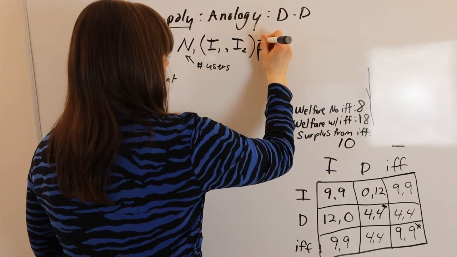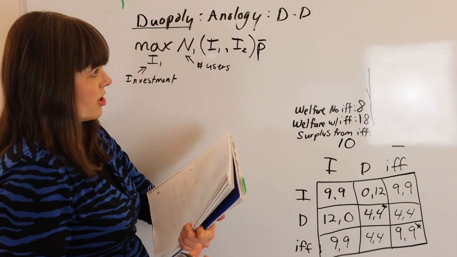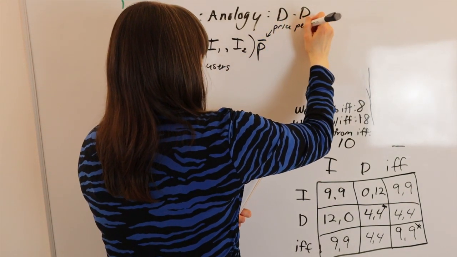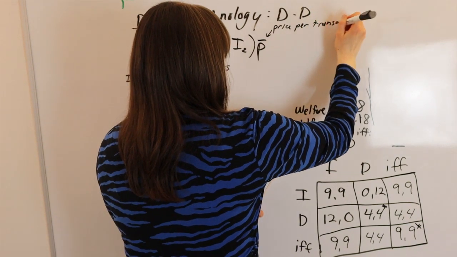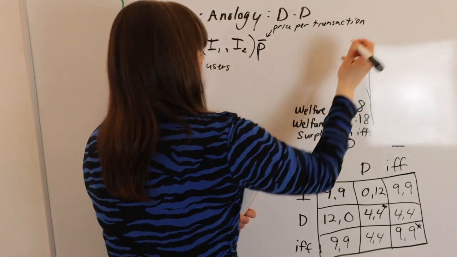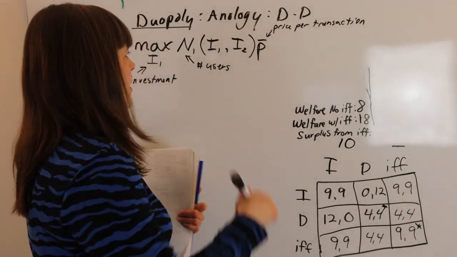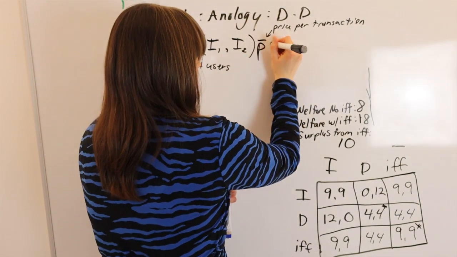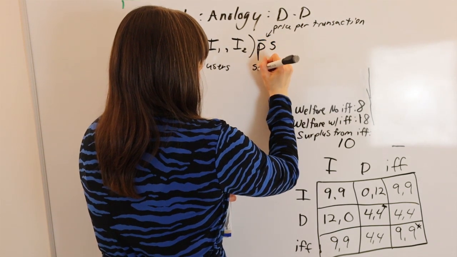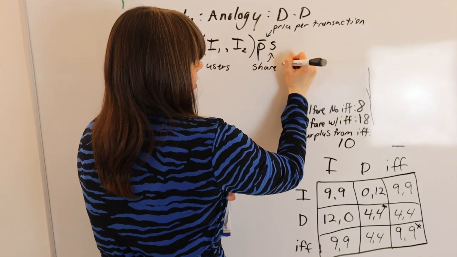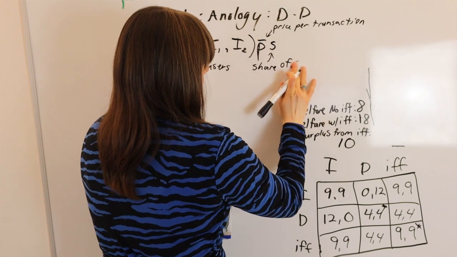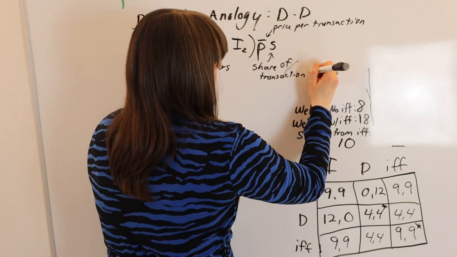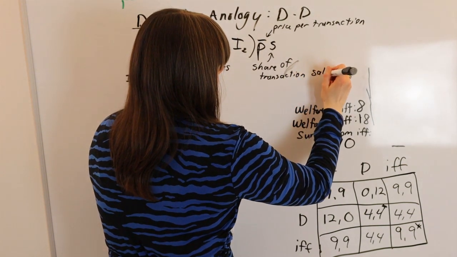And there's a price that they charge per transaction. So this model is going to be a classic platform model where we have number of users, price per transaction, and percent of transactions or share of transactions that are saleable.